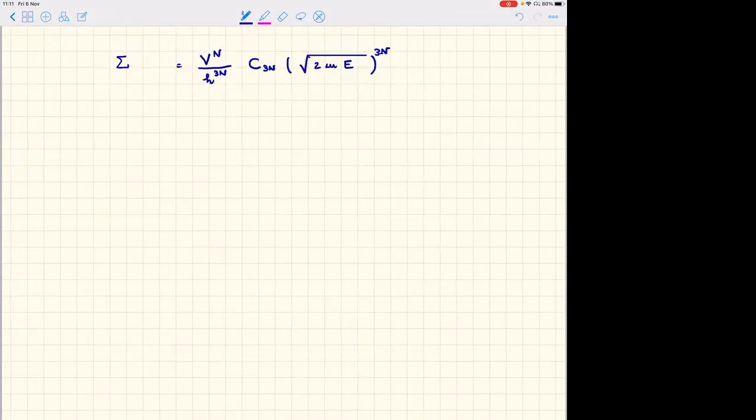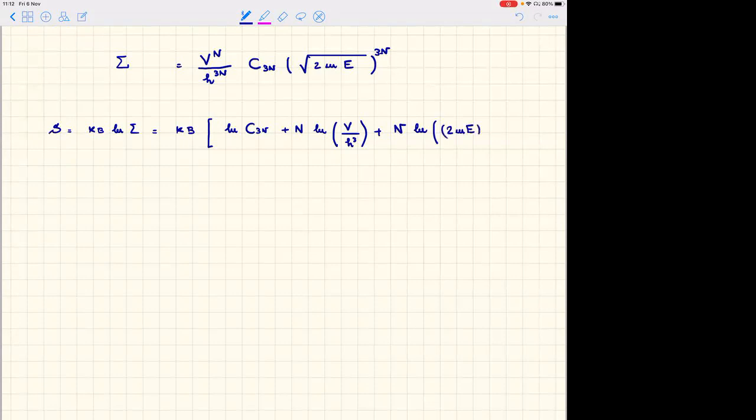We're ready to move on because once we have sigma, we can easily compute the entropy, S, which is k Boltzmann log of sigma, which is equal to k Boltzmann times log of C_3n plus n log of V over h cubed, plus 3/2 n, or actually let me write it this way, plus n log of 2m times e to the power 3/2.